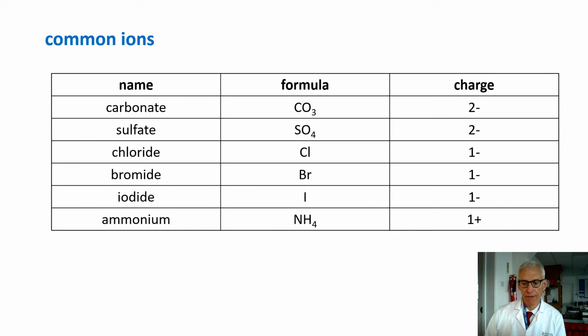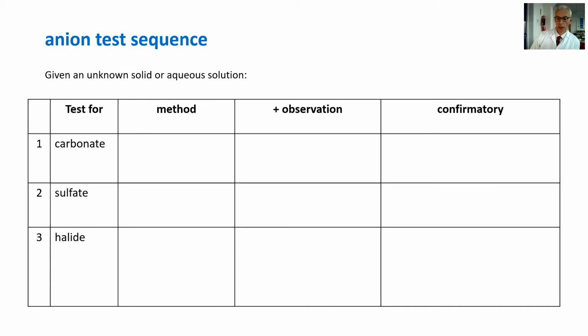So there are 5 negative ions, and those are called anions, and we have 1 positive ion, and that is a cation. If we focus on the anions, there's a certain sequence for which they must be tested.